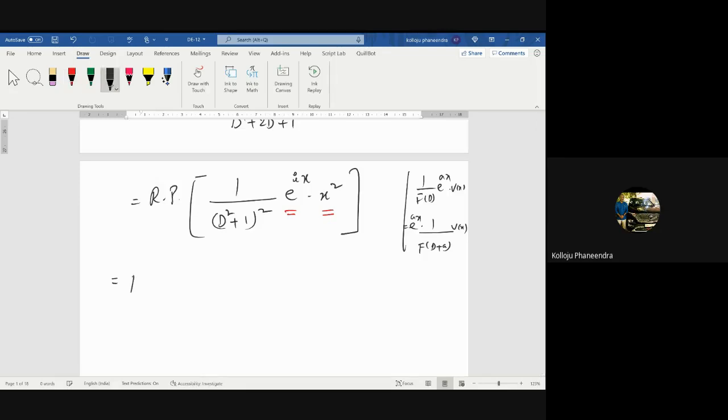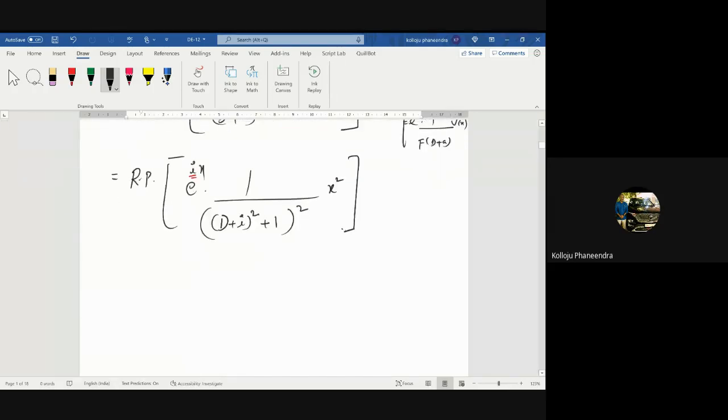That is equal to the real part of e^(ix), now written in front. So replace D by what? What is the a value? The a value is i. So replace D by D + i in ((D + i)^2 + 1)^2 into x^2. Clear? e^(ix) in front and replace D by D + i.